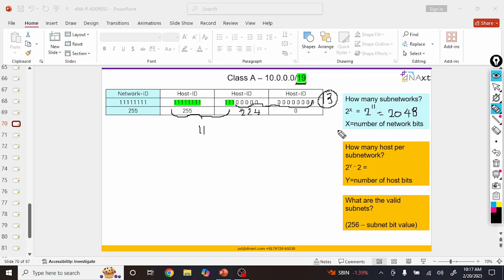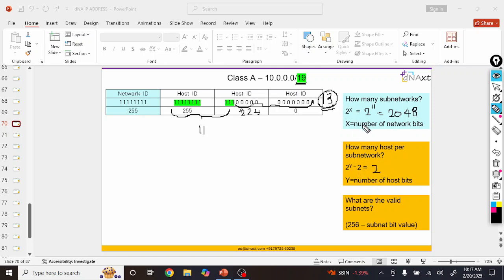These many subnetworks means you are slicing up your major network, or the IP addresses that are available with you, into 2048 different subnetworks. In each subnetwork, how many hosts will there be? We calculate that with the formula 2 to the power y minus 2, where y is the number of host bits.